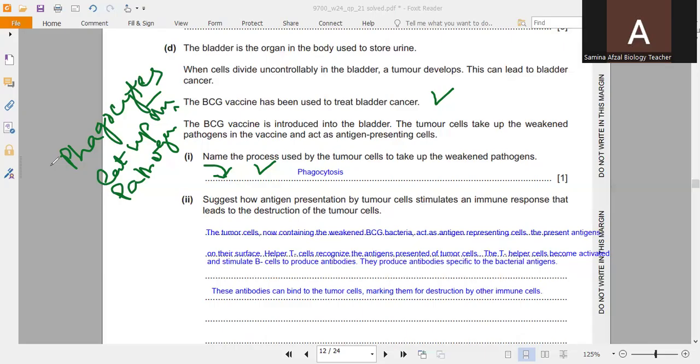The T helper cells become activated and stimulate B cells to produce antibodies specific to the bacterial antigen. These antibodies can bind to the tumor cells, marking them for destruction by other immune cells. In this way, this process takes place.